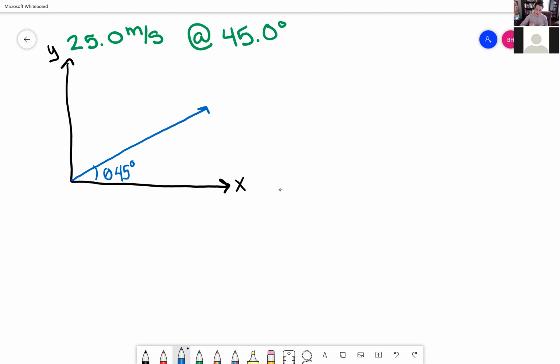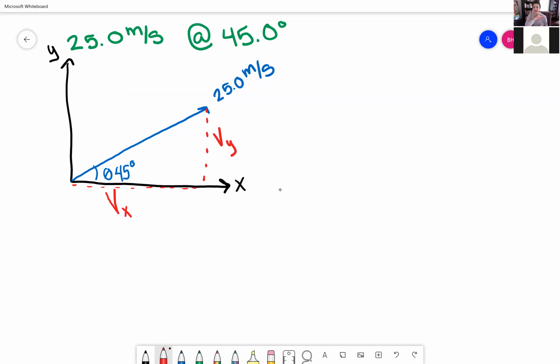This vector represents that the velocity is 25.0 meters per second. And what we can do is break this vector up into X and Y components. So we can find the velocity in the Y direction and the velocity in the X direction. We'll call those Vy and Vx.